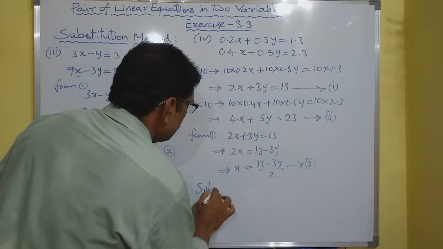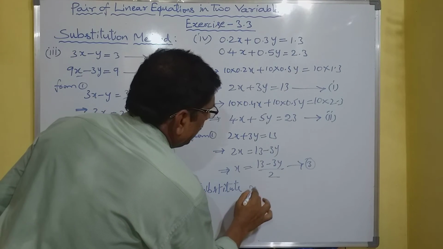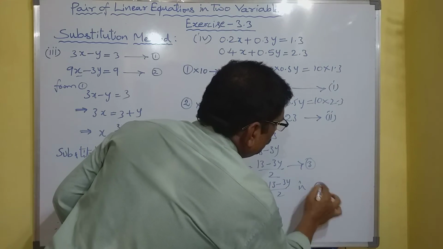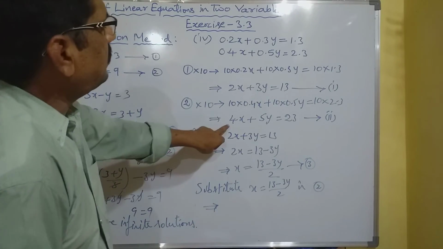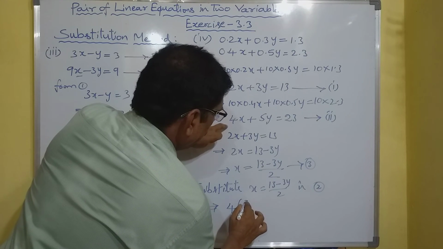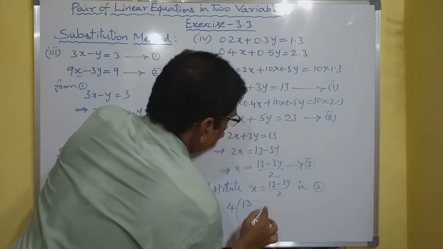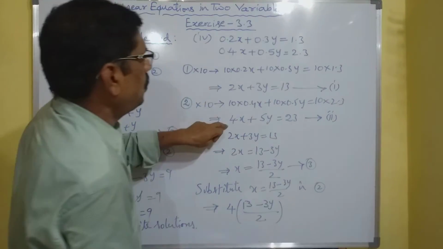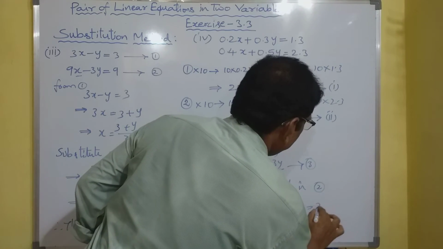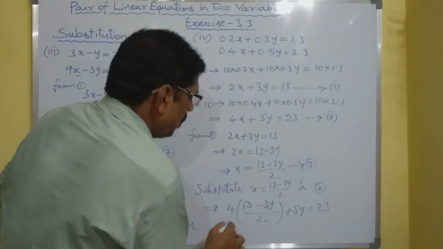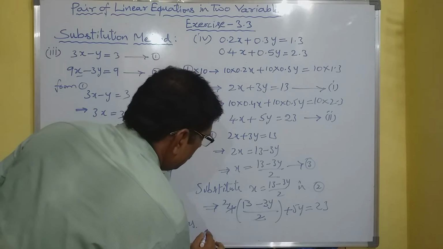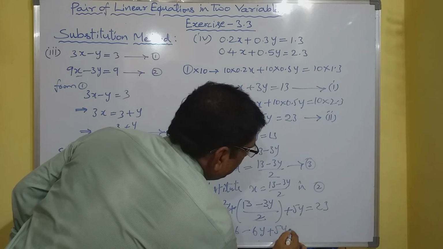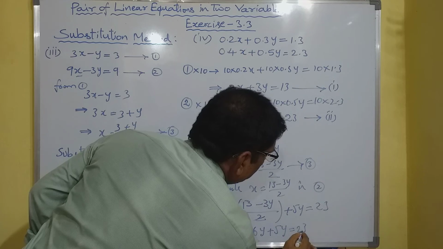Now substitute x is equal to 13 minus 3y by 2 in the equation 2. Then we get, where is the second equation? 4 into 13 minus 3y by 2, okay, plus 5y is equal to 23. Now 2 2's are, now we get 2 into 13 is 26, 2 into 3 is 6y plus 5y is equal to 23.